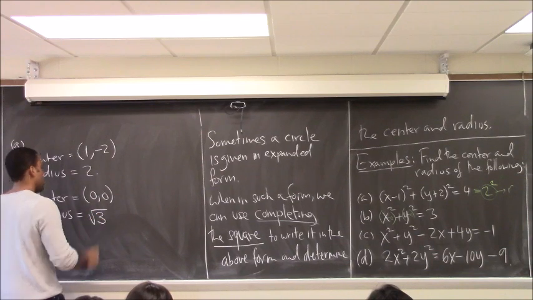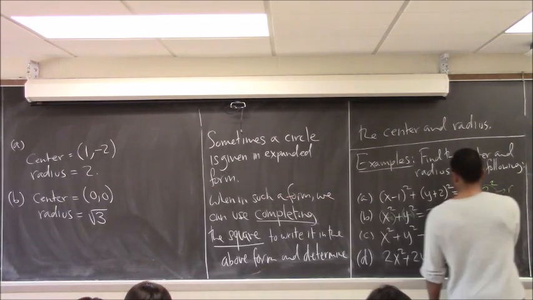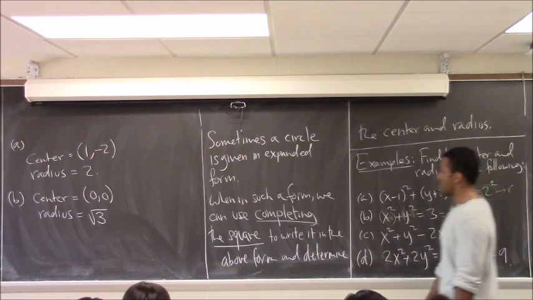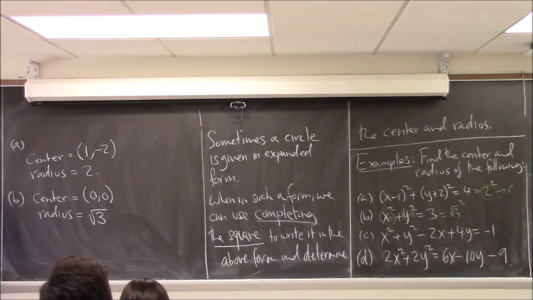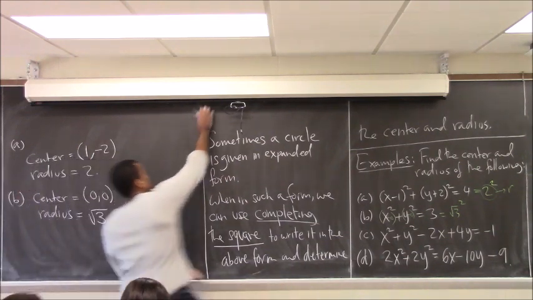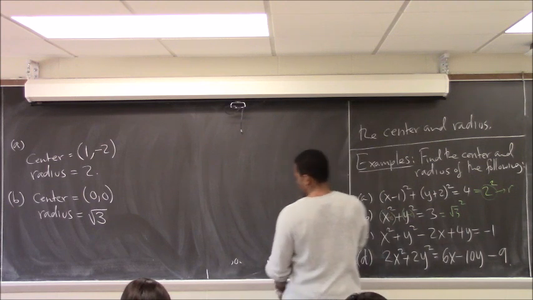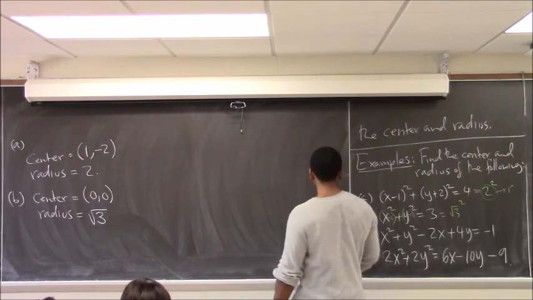Square root of 3, because again, you can think of this as the square root of 3, squared. Okay, those are just to see if you can read the formula. That's basically it. Nothing much to do there. However, with problem C, things start to get a little bit interesting.